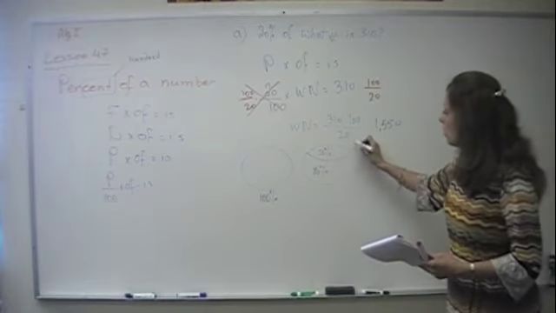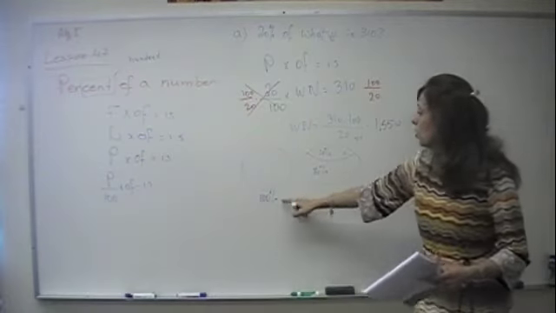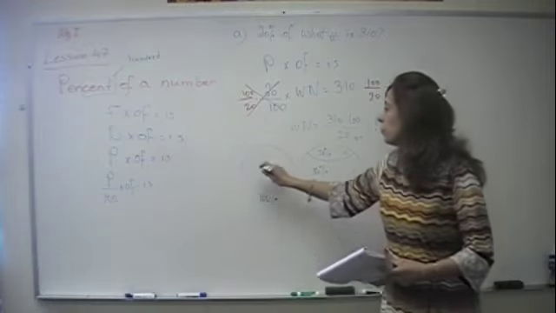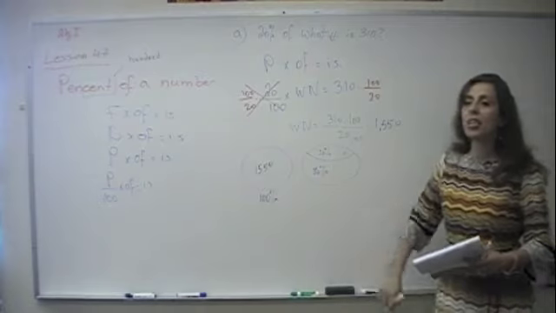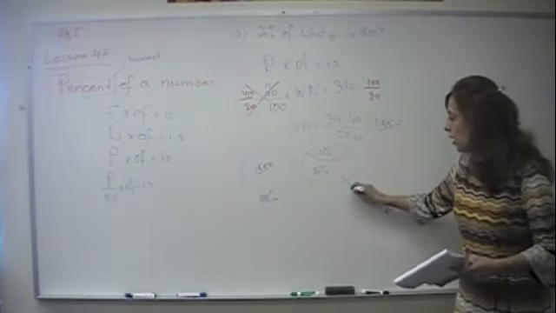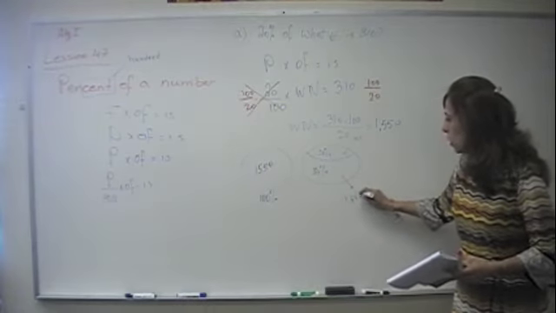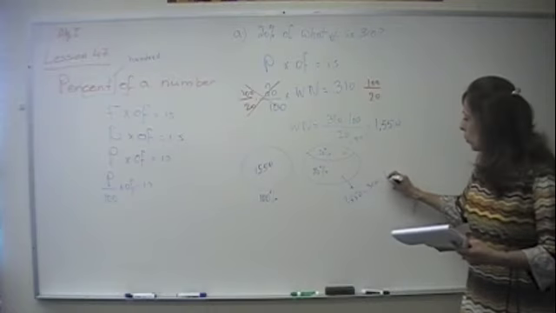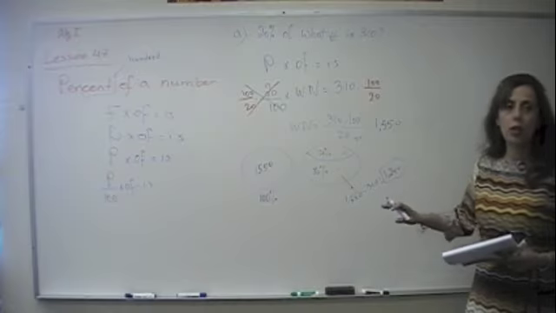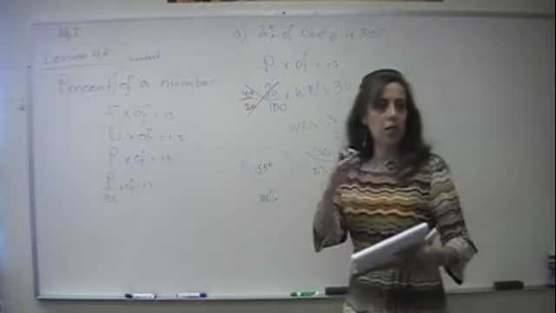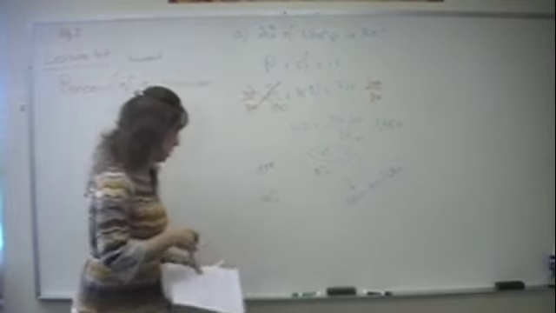This is 310. The whole was 1550. So if I want to find the 80%, that'd simply be 1,550 minus 310, which is 1,240. Later on, I'm going to teach you a different way of dealing with these extra 80%.